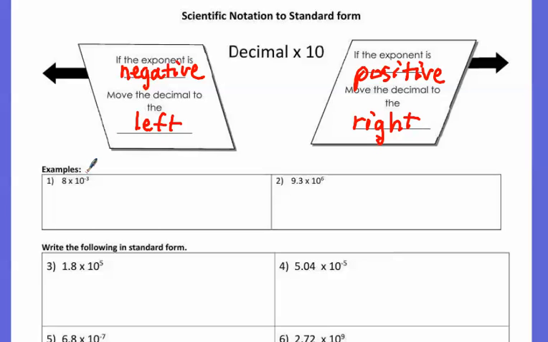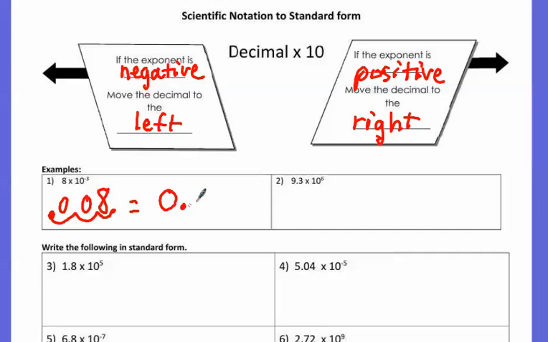For example, the exponent is negative, so I'm going to move my decimal 3 places to the left. 1, 2, 3. Fill in the empty places with a 0.